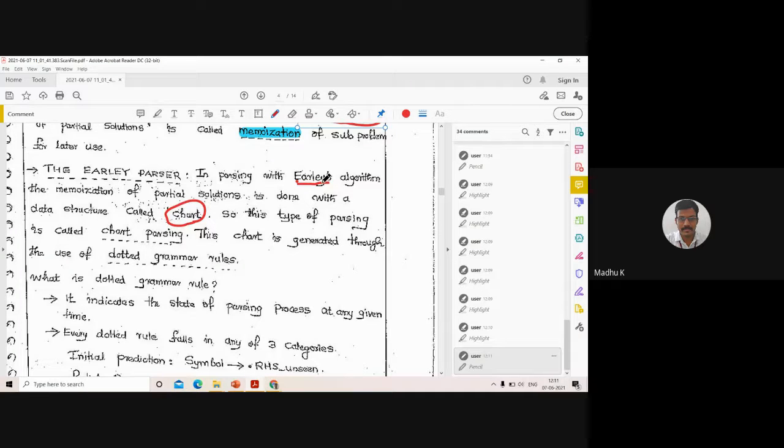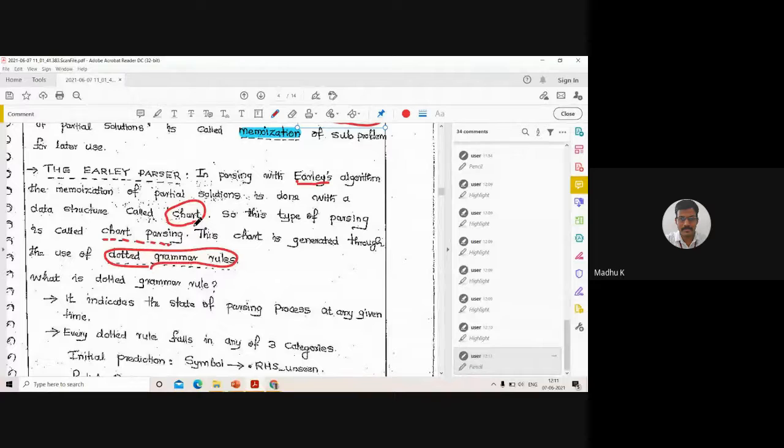The memoization concept is implemented using a data structure called a chart. So this type of parsing is called chart parsing. The Earley parser is also called chart parsing. The chart is generated through the use of dotted grammar rules.